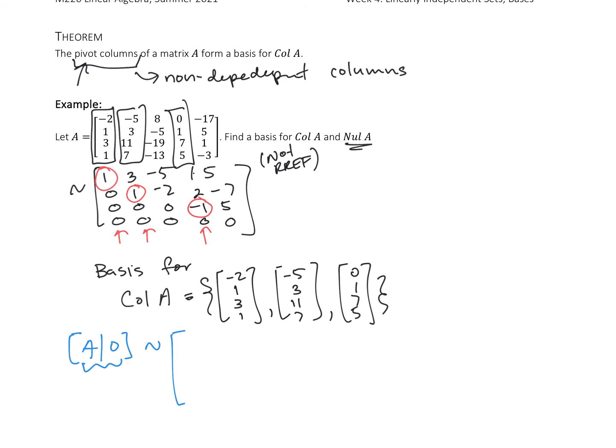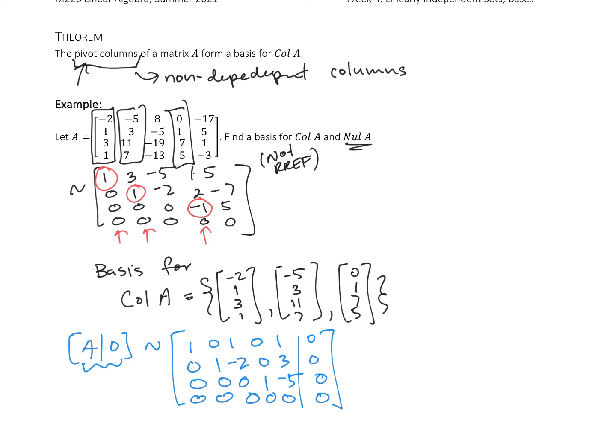So if I can get this down to 1, 0, 1, 0, 1, 0, 0, 1, -2, 0, 3, 0, and a bunch of zeros here. And we already know that everything down here was a 0.